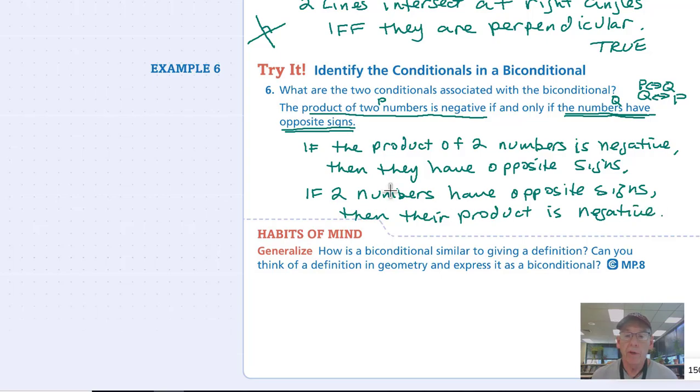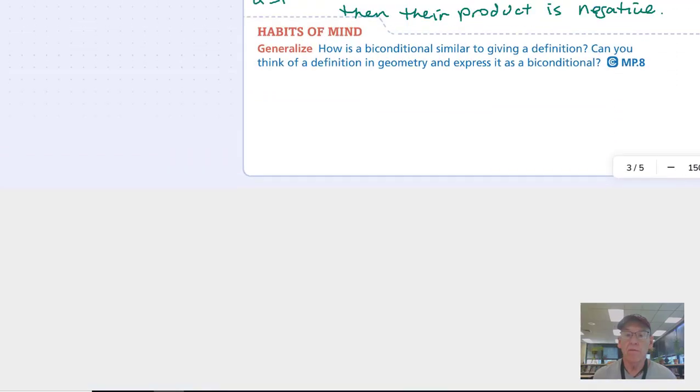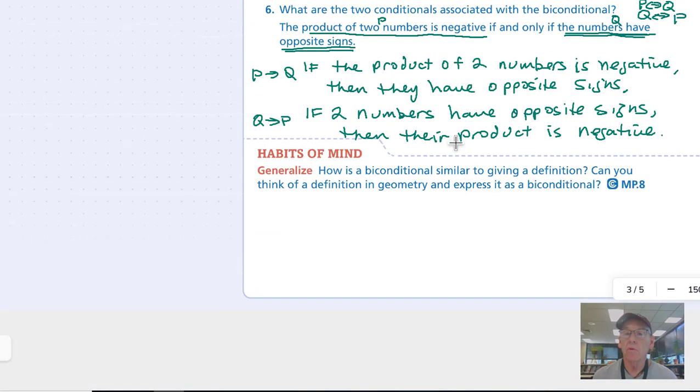So here we have the Q P conditional. Here we have the P implies Q conditional. And I think that's it for the TryIts and the student companion.